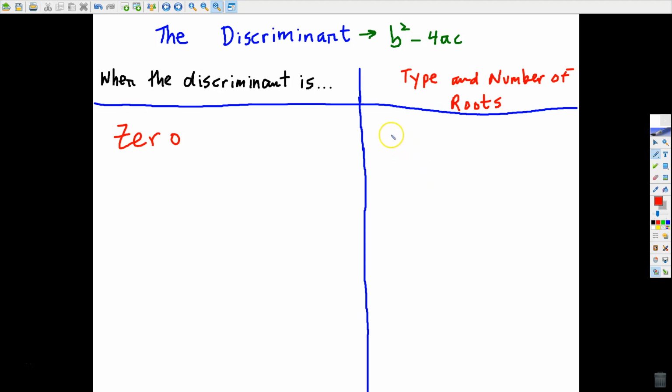When the discriminant is 0, we're going to have one real number root, and what that means as far as the graph is concerned is we're actually going to see the vertex. So let me just do a sample here. This means that we're going to have one x-intercept, and in order to touch the x-axis only one time with a parabola, that means it's going to have to be the vertex sitting on the x-axis.